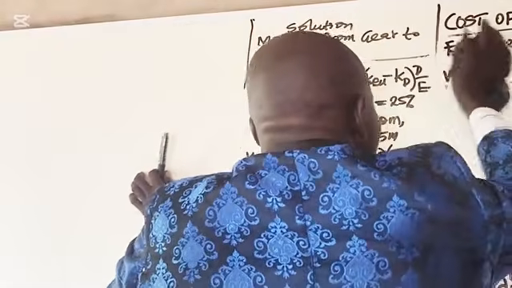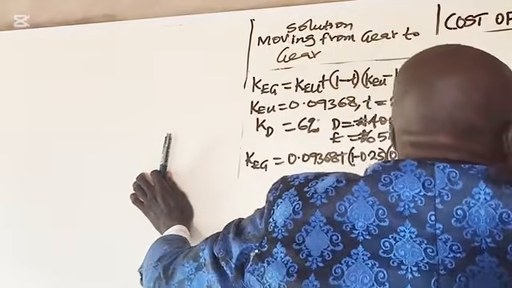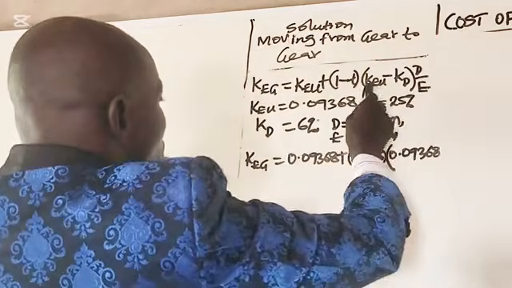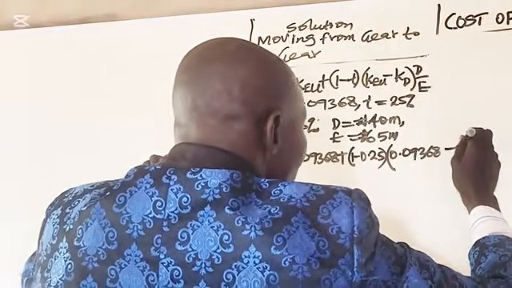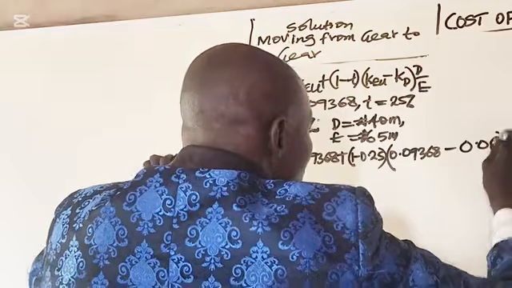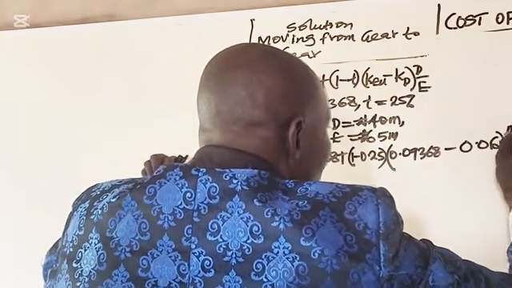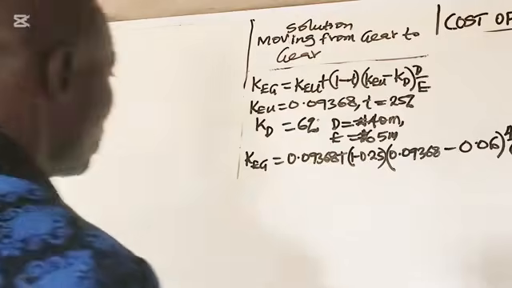So I want to extend the solution to this part. Q is this, minus cost of debt, 6%, which is 0.06, into market value of debt, which was 40 million, and that of equity was 65 million from the solution to A part of the question.